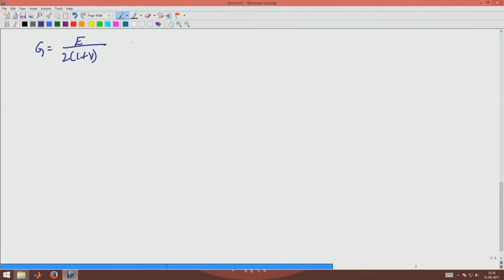If 0 less than G less than infinity and 0 less than E less than infinity, then nu has to be greater than minus 1, right.